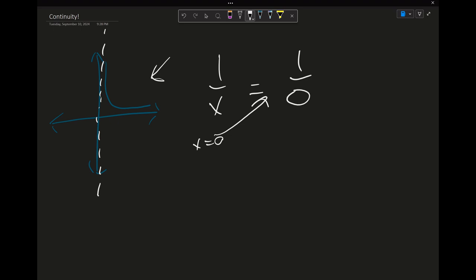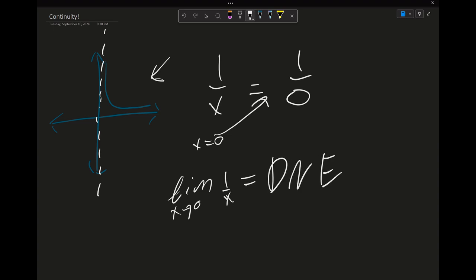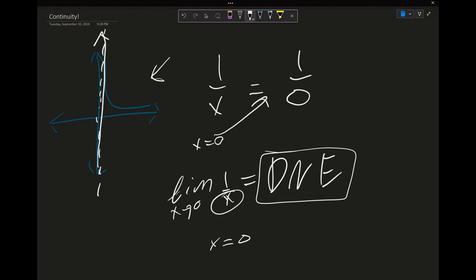Therefore, we know from looking at our limits that the limit as x approaches 0 for 1 over x does not exist. Therefore, it is not continuous at that point, and it is also non-removable because this value will never exist. Since it's this 1 over x value here, we know that we can call it a line x equals 0 because it's a sole x here in this bottom. This line x equals 0 is what decides our asymptote and what this function will never hit and where the discontinuity is.